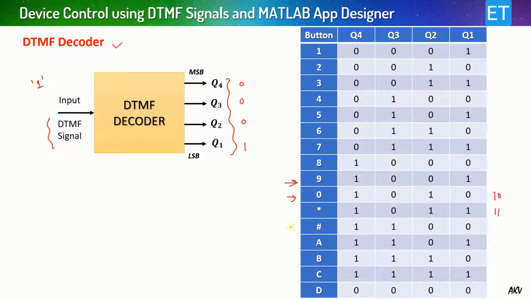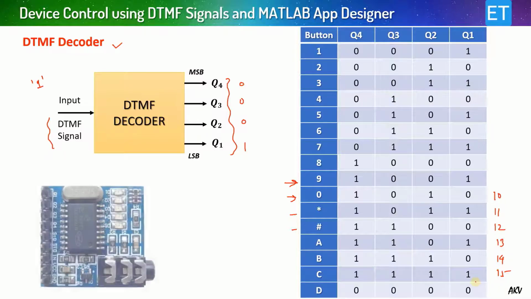To hash, the binary equivalent of decimal 12 is assigned, A is assigned decimal 13, B is 14, and this is decimal 15. And this is the binary equivalent of 15. That means all 4 bits are 1, 1, 1, 1. Okay, so this is the table representing the corresponding binary outputs for each key press.